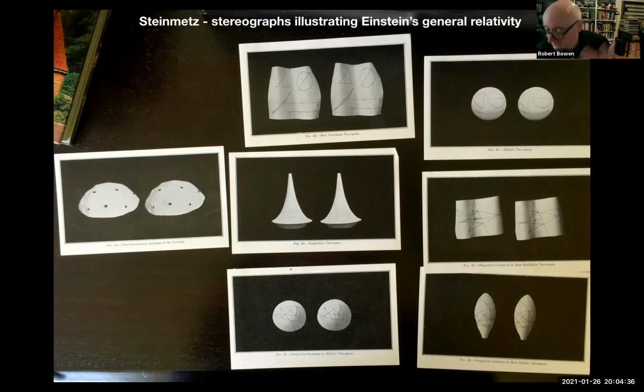At one point, it was the biggest company in the world. It no longer is. I think maybe Apple is. But he was their chief scientist. And so he wrote a book on Einstein's general theory. And he created these images showing the curvature of space-time that are stereoscopic.